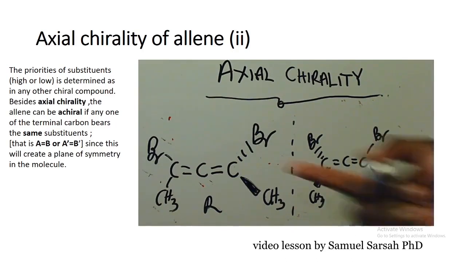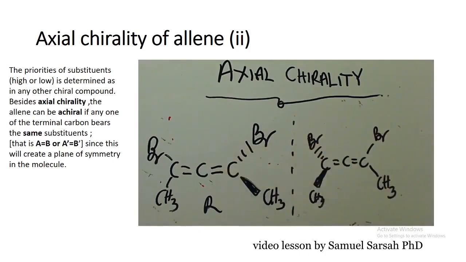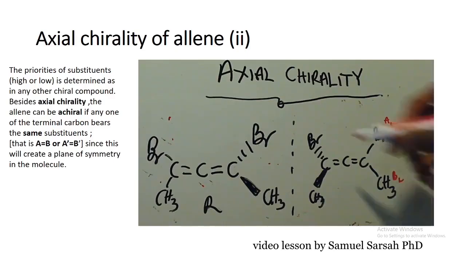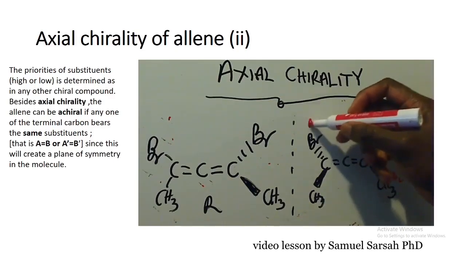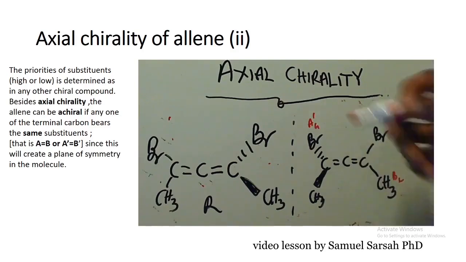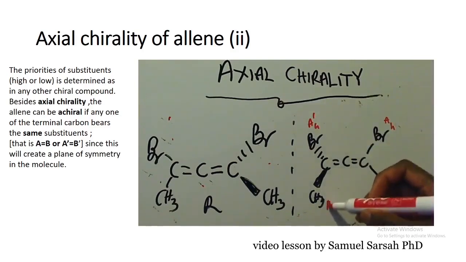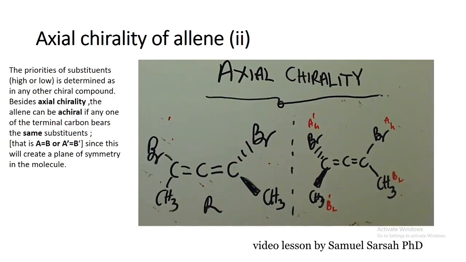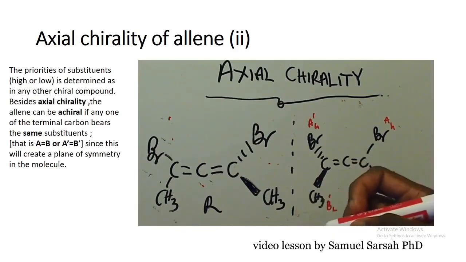So this is a mirror image of this. And again, we can go ahead and assign this R and S configuration. So let's call this A, higher priority, let's call this B, lower priority. Let's call this A prime, high priority of course, and then B prime, lower priority.